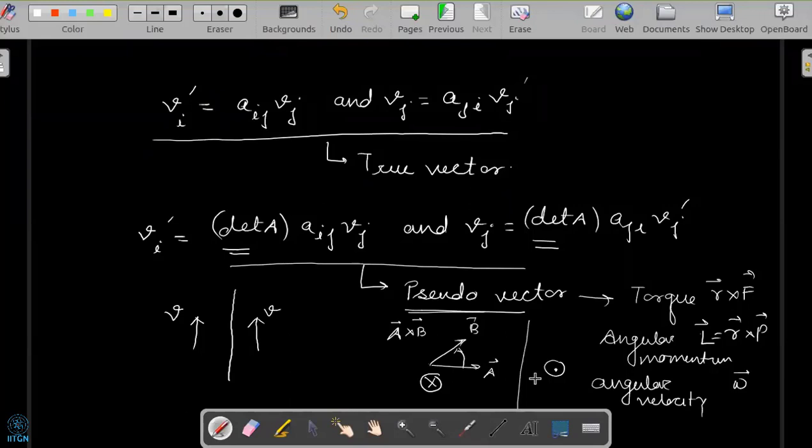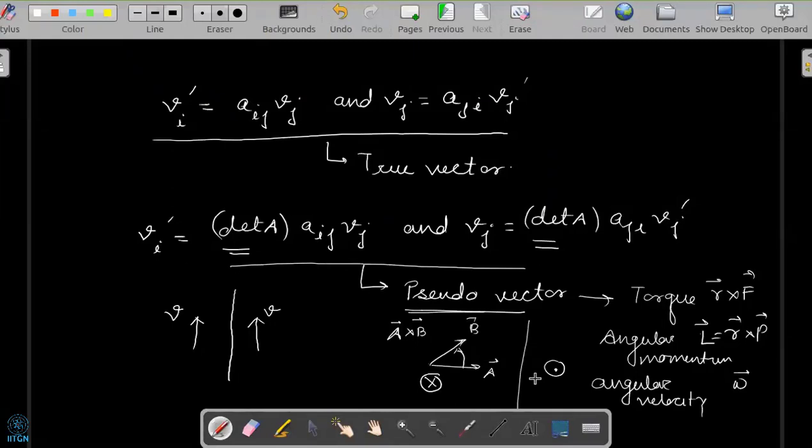Is it clear to everyone? Any question? Sir, in a physical phenomenon, the cross product of two vectors always gives a pseudo vector? Yes, pseudo vector. The angular velocity is also one kind of pseudo vector.